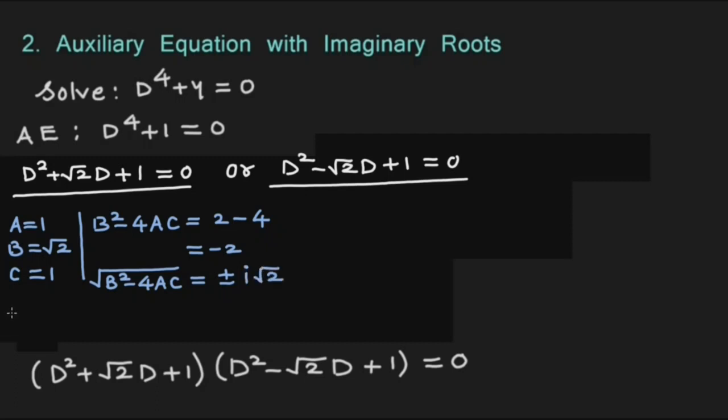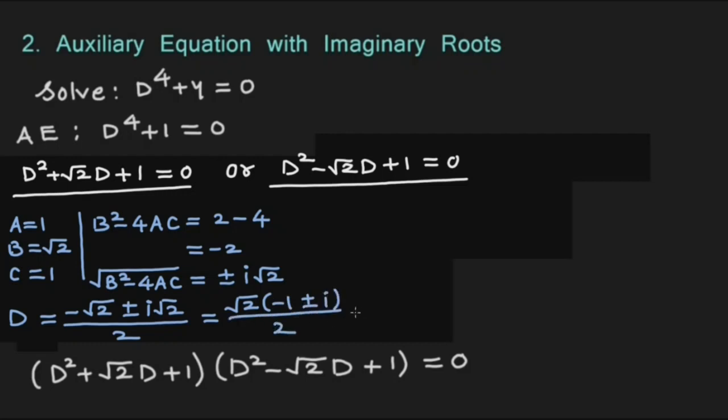The square root of b square minus 4ac will be plus minus i root 2. By the quadratic formula, D is minus b, minus root 2, plus minus square root of b square minus 4ac, that is plus minus i root 2, upon 2, which is root 2 into minus 1 plus minus i upon 2, that will be minus 1 plus minus i upon root 2, which is minus 1 upon root 2 plus minus i 1 upon root 2.